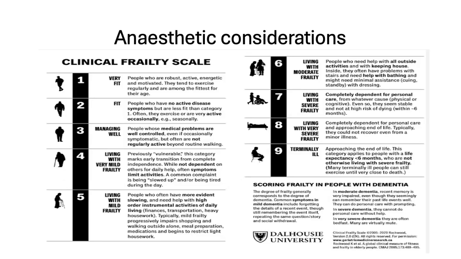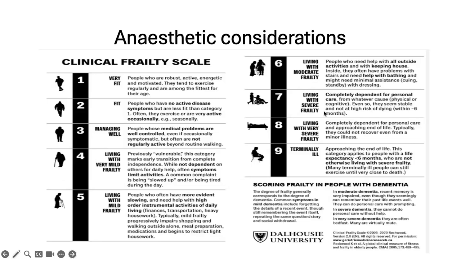The patient who is on 8 is a patient living with severe frailty. This is a patient, as you can see in the picture, is in bed, probably spends quite a lot of their time in bed. And the patient who is on the scale of 4 is a patient living with mild frailty. They use a walking stick. This type of patient is more likely to have a better outcome than a patient who is bedridden.